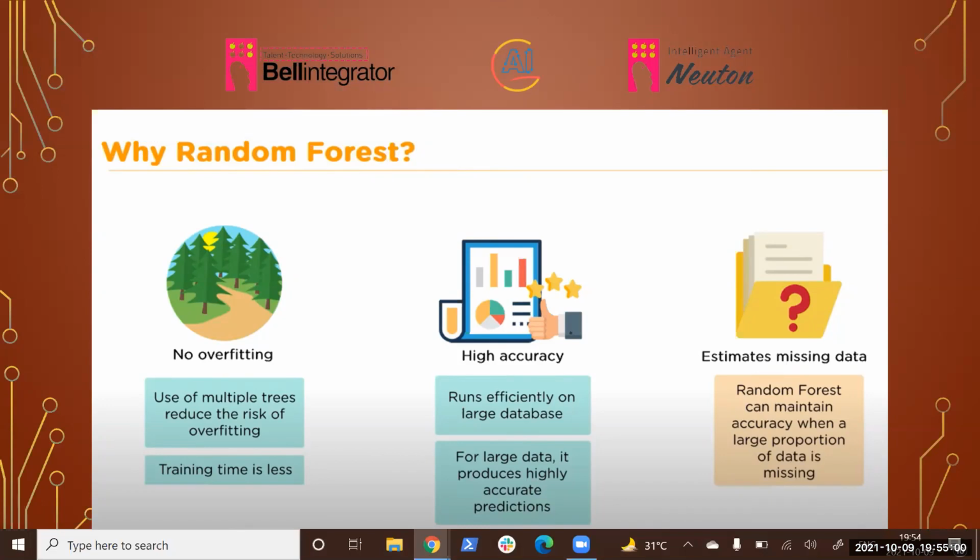Let me tell you what happens. When you have an individual tree, your tree is very unstable, and even slight variation in your data can affect the output. But in random forest, there are multiple trees, hundreds or thousands, working and giving you the output.